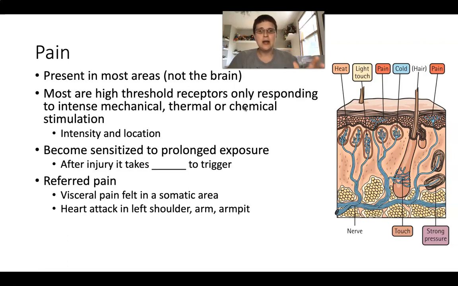And a great example of this, you've probably heard, one of the symptoms of a heart attack is that you get pain in your left shoulder, arm, or armpit. That is a classic symptom of a heart attack. Same sort of thing with gallbladders.